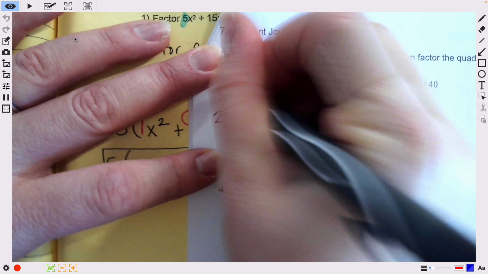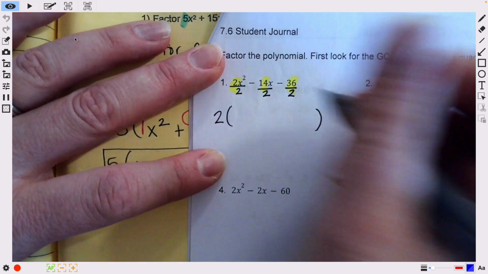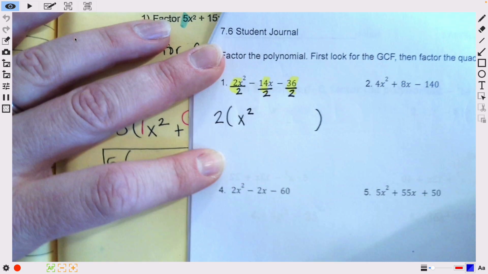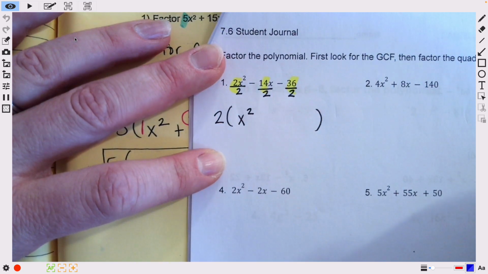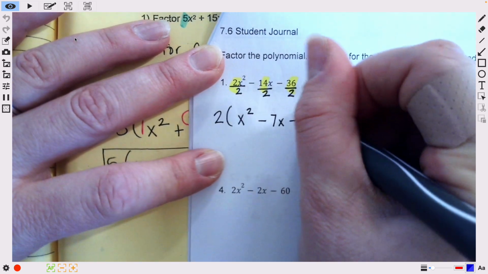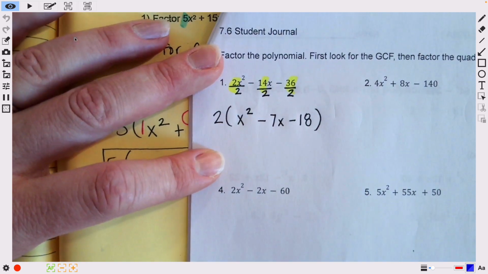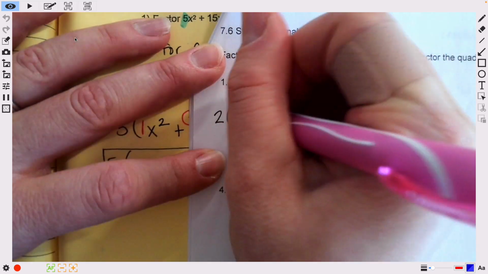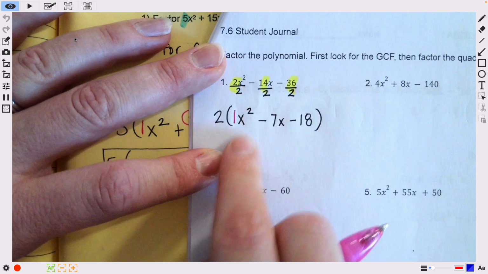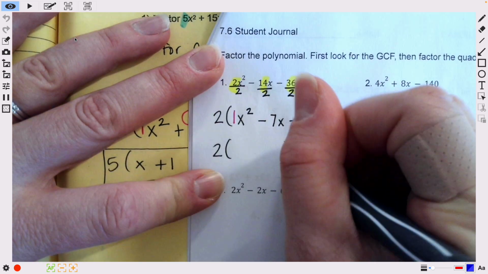And we're going to divide everything by 2. That makes that a regular x squared, just a 1x squared. That makes that a negative 7x. That makes that a negative 18. Sweet. That's great because as long as there's no front number here or it's a 1, you get to factor like normal.